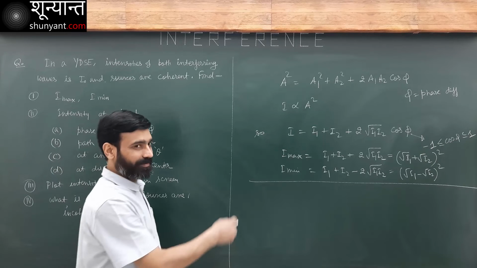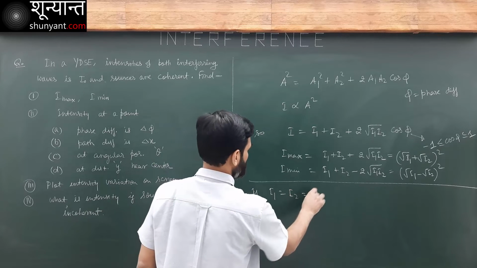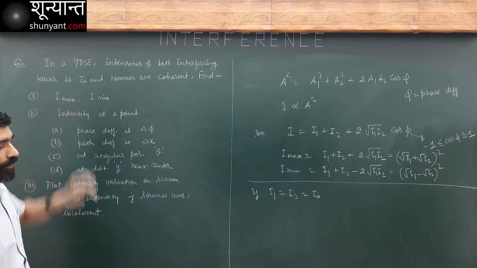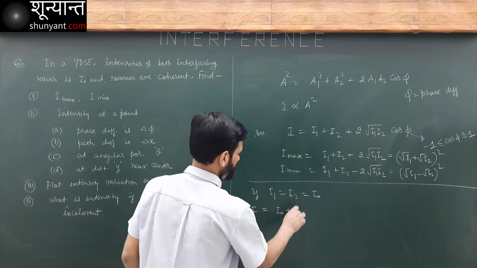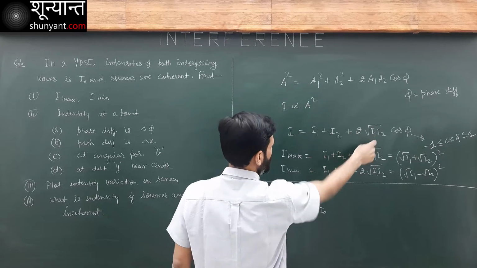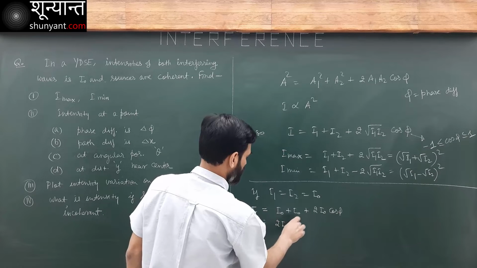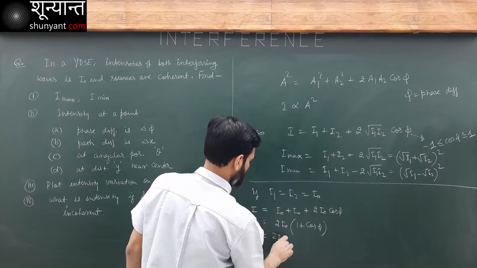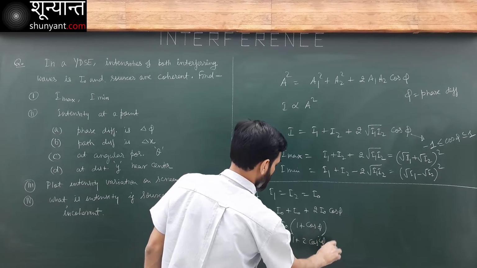Now, if I1 is equal to I2 is equal to I naught, let's say both intensities are same, then what will be intensity? I will be equal to I naught plus I naught plus 2 I naught cos phi. This will be 2 I naught (1 plus cos phi), which is 2 I naught (1 plus 2 cos square phi over 2 minus 1).